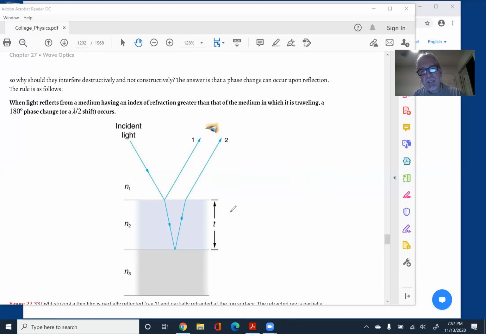So 2t, the extra distance traveled, is equal to how many lambda sub n's, and is there a lambda over 2 factor of shifting at each of the two surfaces, yes or no. If one has it but the other one doesn't, you take it into account. If both of them do, or neither does, there is really no relative change between the two rays and you're fine. So that's essentially how you treat your thin films.